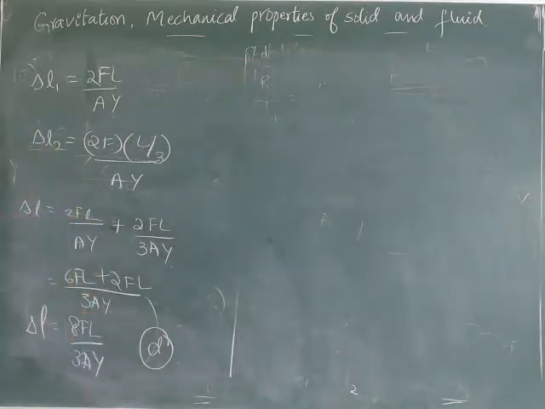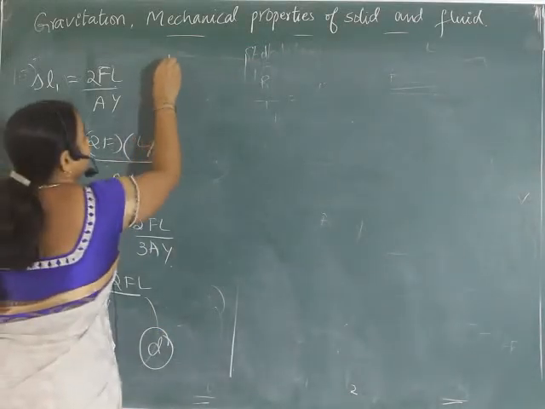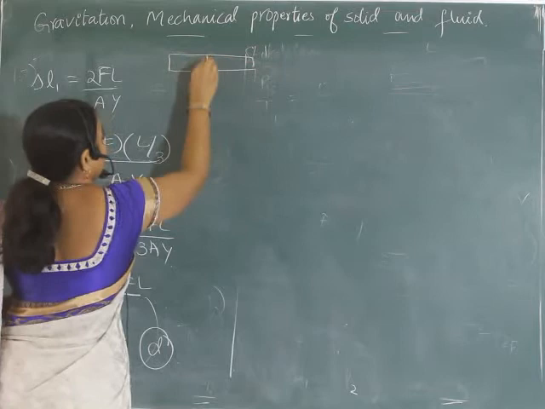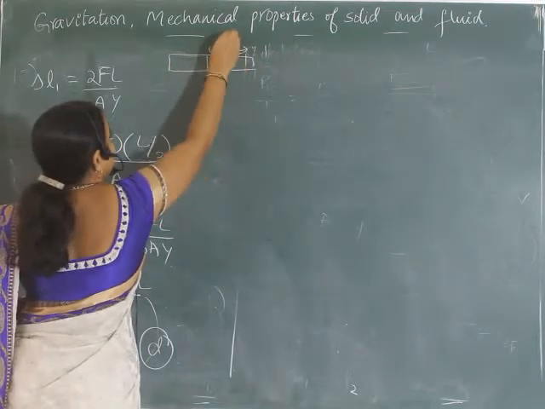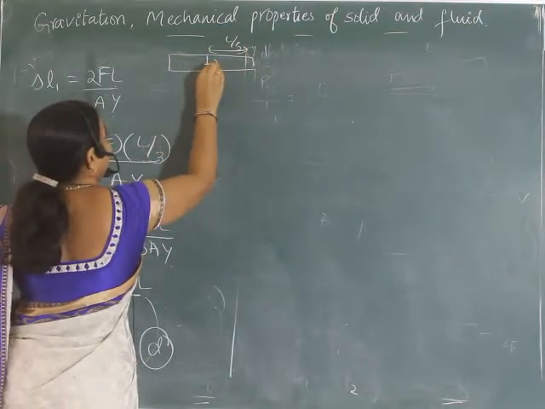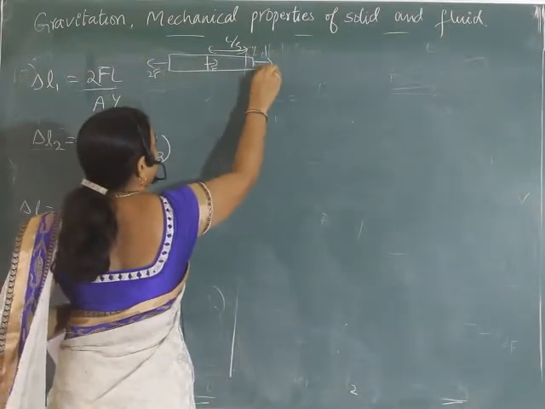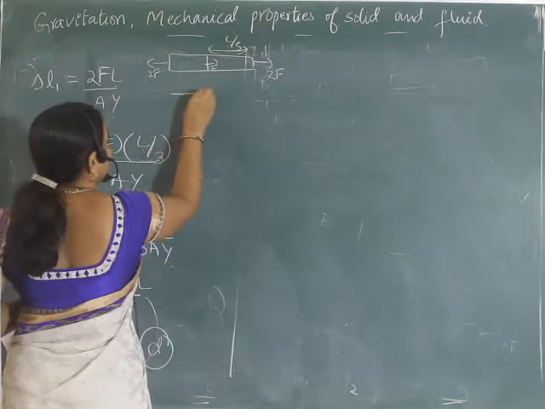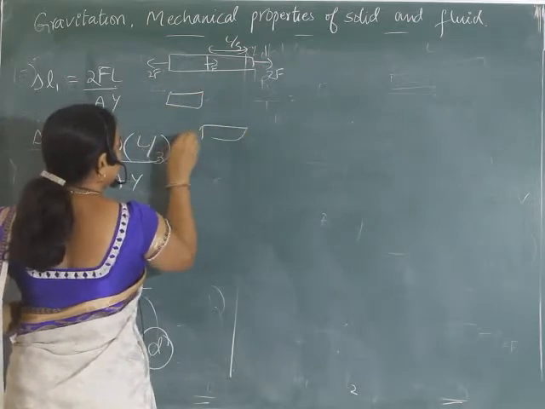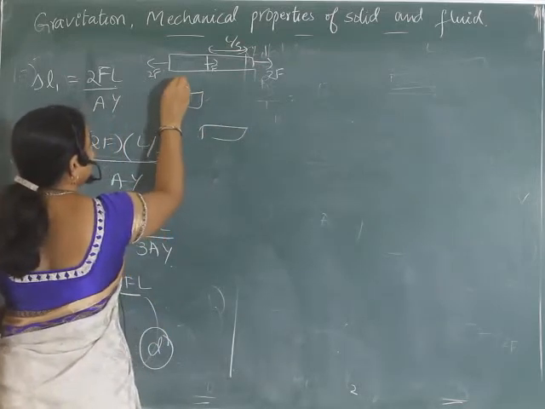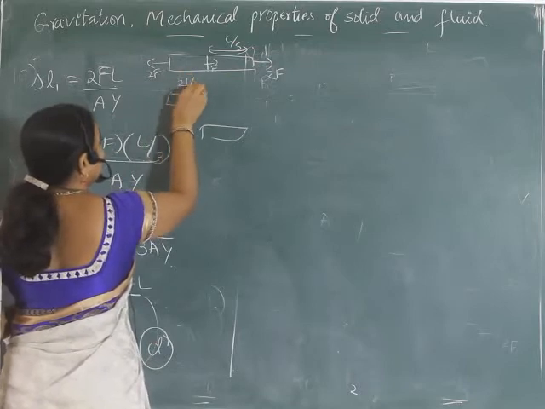So in this problem, what have we done? There was a full bar. Somewhere it was divided by length L by 3. Here F, here 2F was there, and here 2F. Initially what you have to do is take the first part and second part separately and solve. It will be easy. Length is 2L by 3.